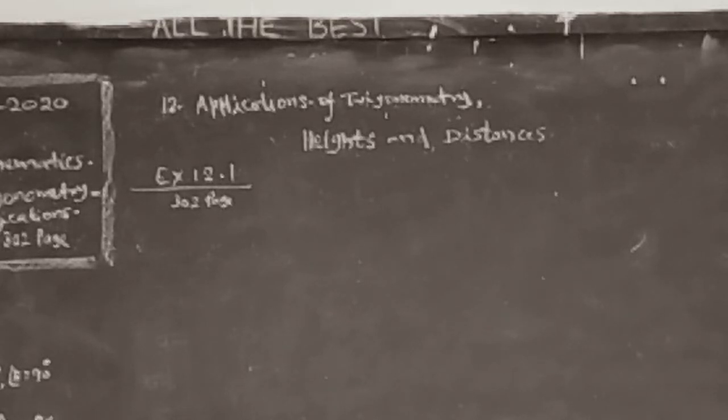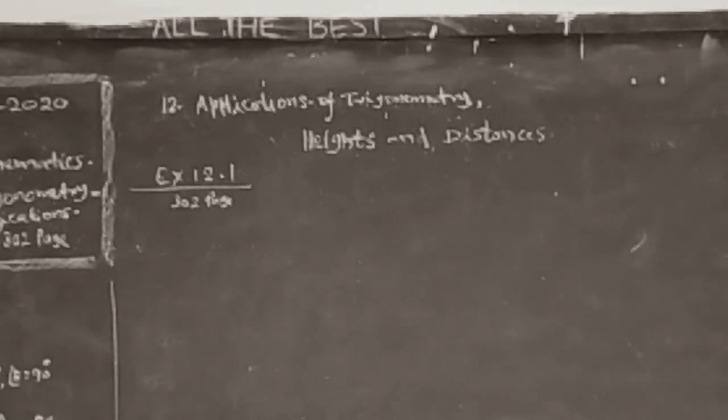Cross multiply: BC is equal to 15 meters. Therefore, the height of the tower is equal to 15 meters. Like this we have to do.